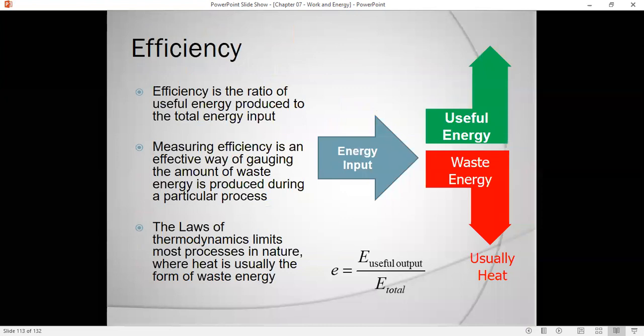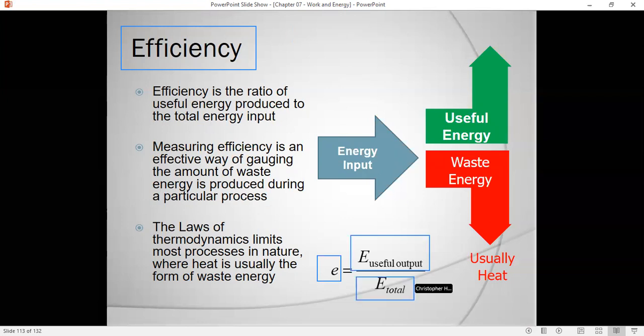Okay, let's talk about an important concept related to energy and to power. It is the idea of efficiency. And the way efficiency works is, efficiency, which we denote with a small e, is basically how much useful energy, the energy that we want, we get out compared to the energy that we put in.